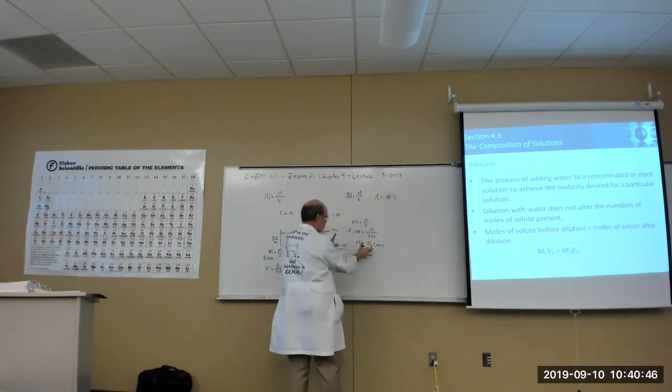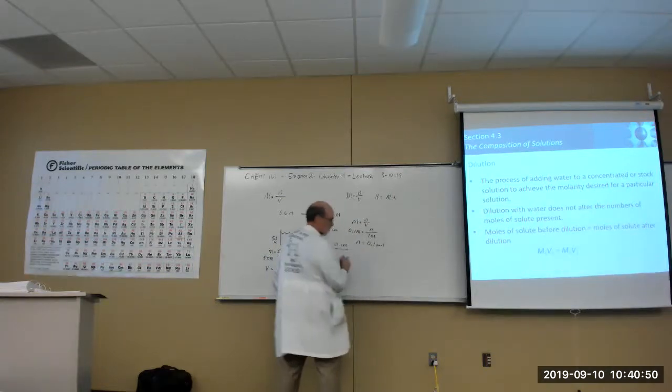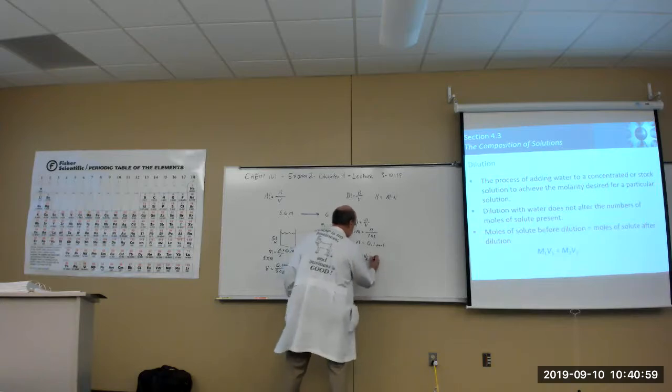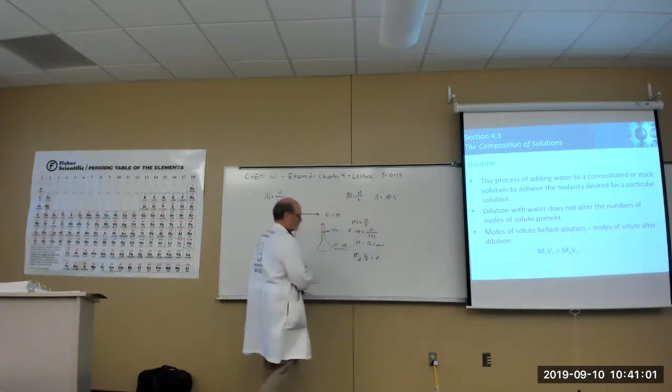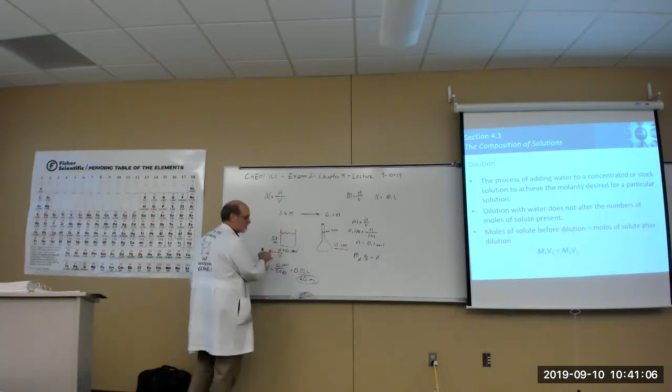So on this side, this is our second situation, or the diluted situation. This is M diluted times V diluted equals the number of moles. But that N is the same N for over here.